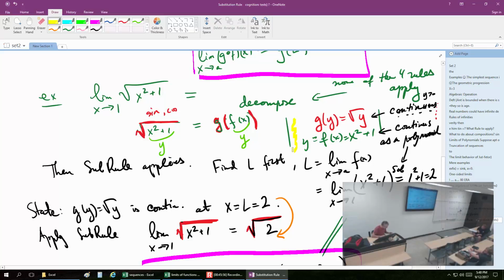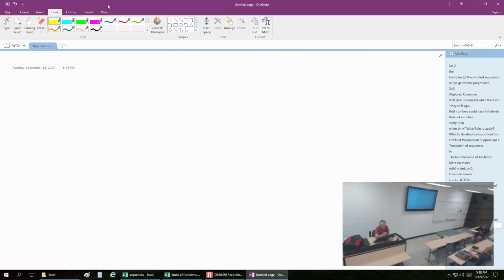So we'll look into that a little bit more. There's one more operation on functions, and that is the inverse. Remember what that is?